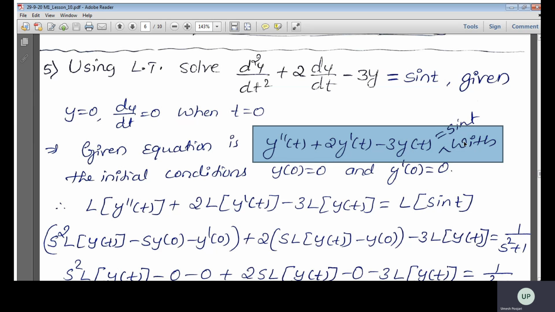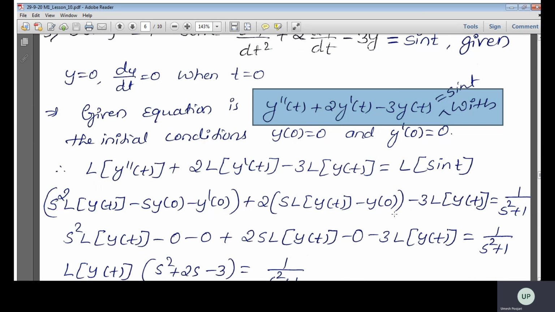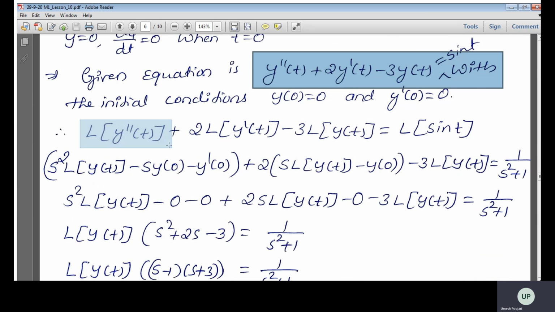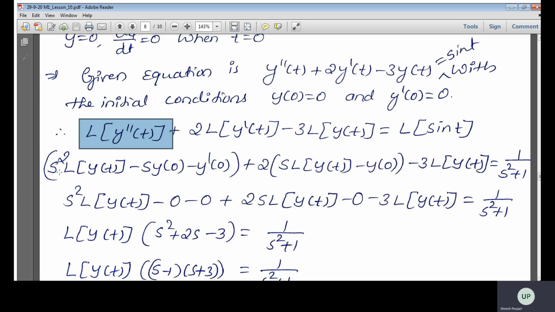Then take L on both sides. We get L of y double dash of t plus 2 times L of y dash of t minus 3 into L of y of t equal to L of sine t. Now same thing, what is the formula for L of y double dash of t? That will be s square L of y of t minus s into y of 0 minus y dash of 0.